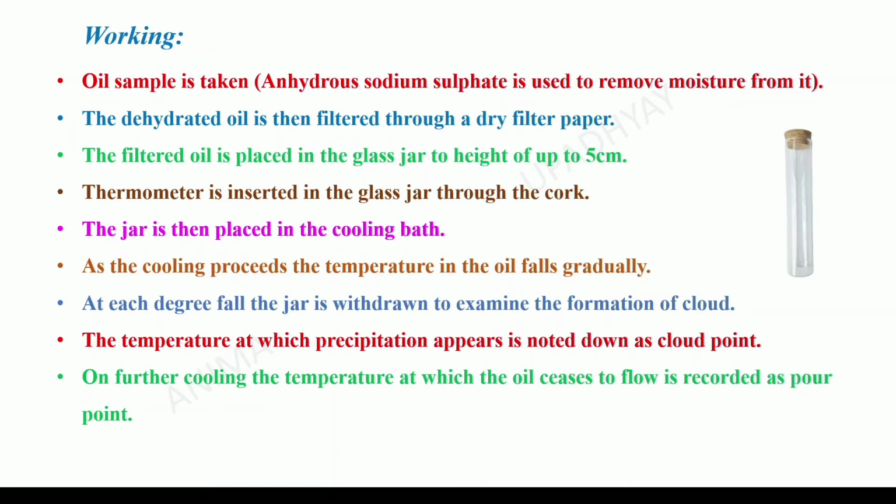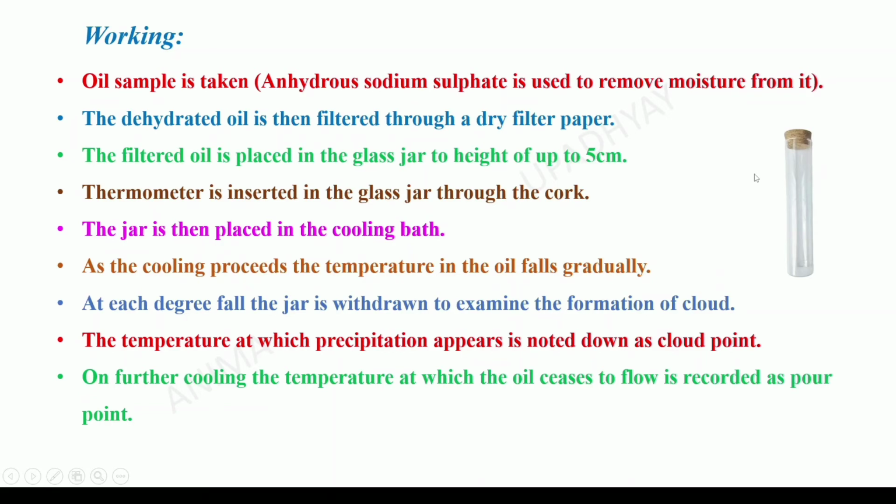It is then filtered using a dry filter paper, and then this anhydrous oil is placed in the glass jar to a height of up to 5 centimeters. This is the glass jar in which the oil is filled, and a thermometer is inserted in the jar through the cork.